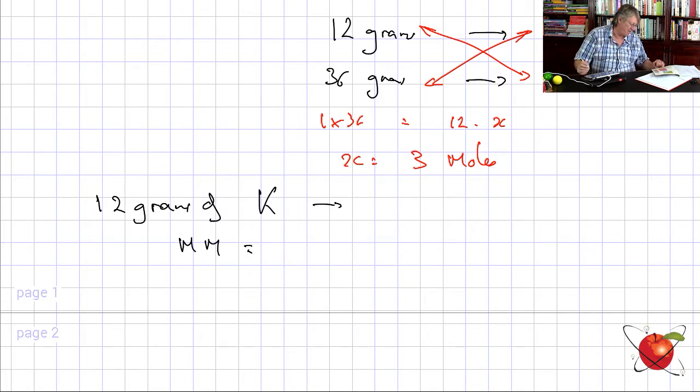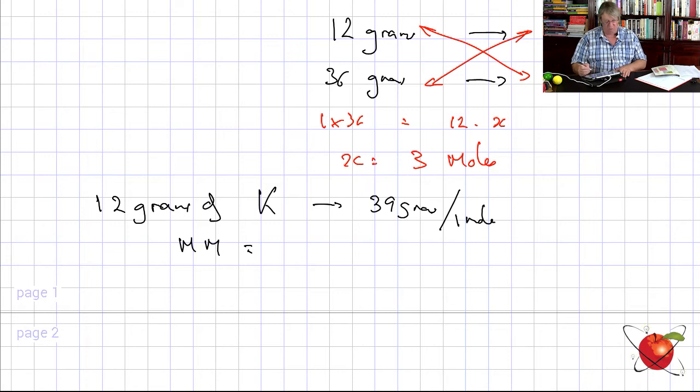So what do I have? Potassium, 39 grams per 1 mole. So 39 grams is 1 mole. Then I fill in what they have given us: 12 grams.